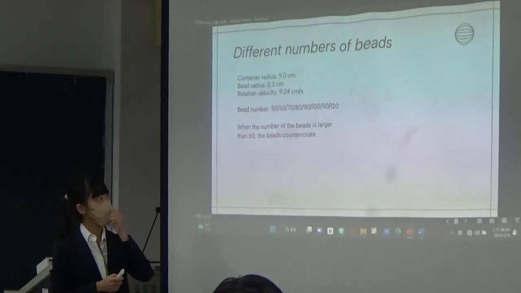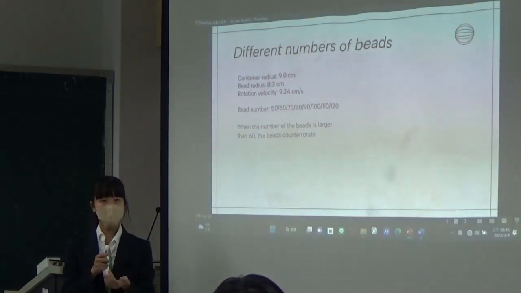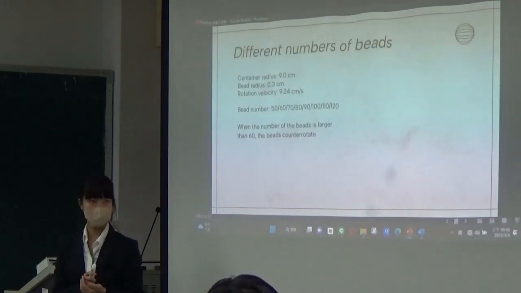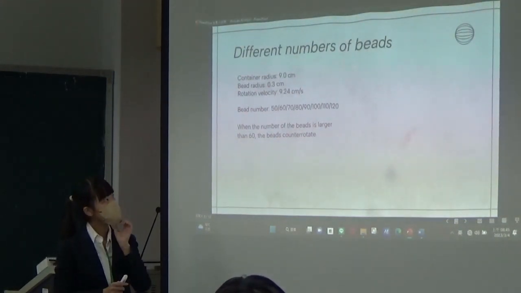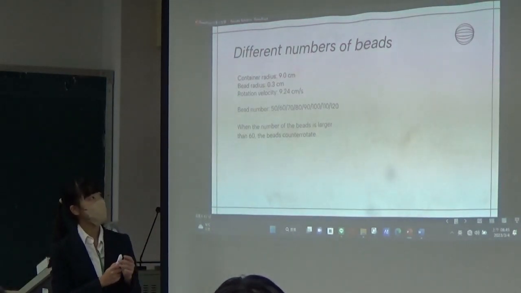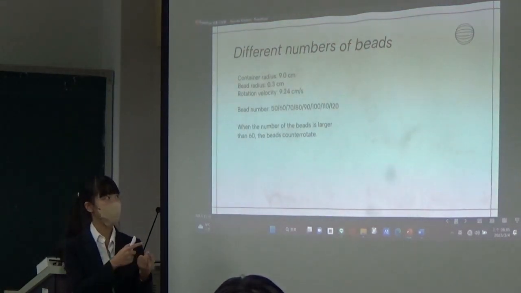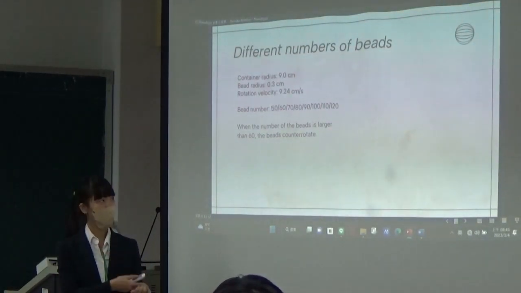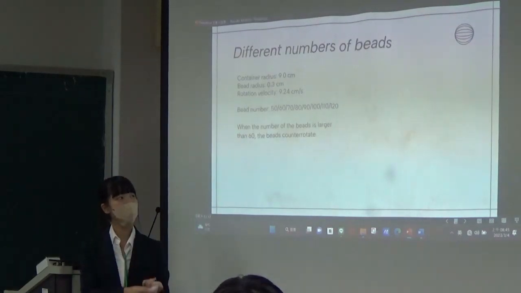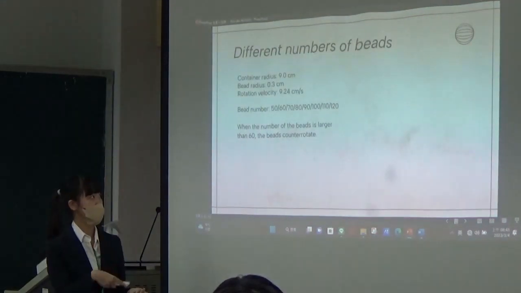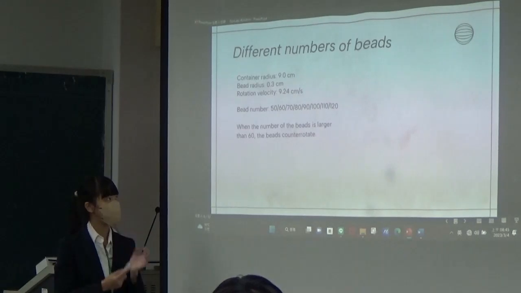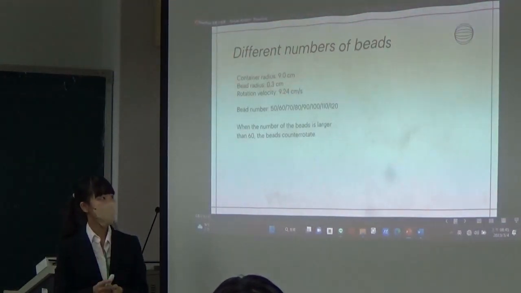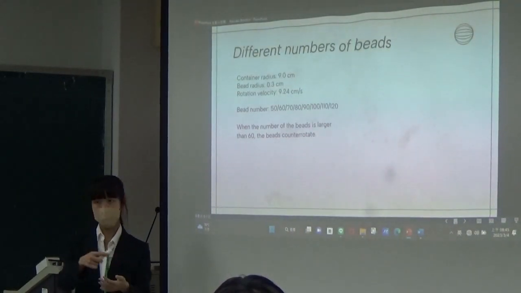The rotation velocity is fixed at 9.24 centimeters per second. For bead number, we put 50, 60, 70, 80, 90, 100 to 120 balls in the container. And we found out that when the number of beads is larger than 60, the beads will counter-rotate.